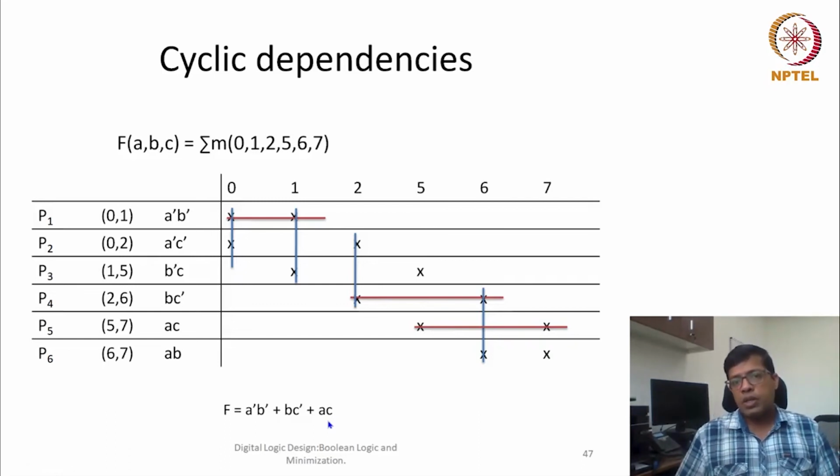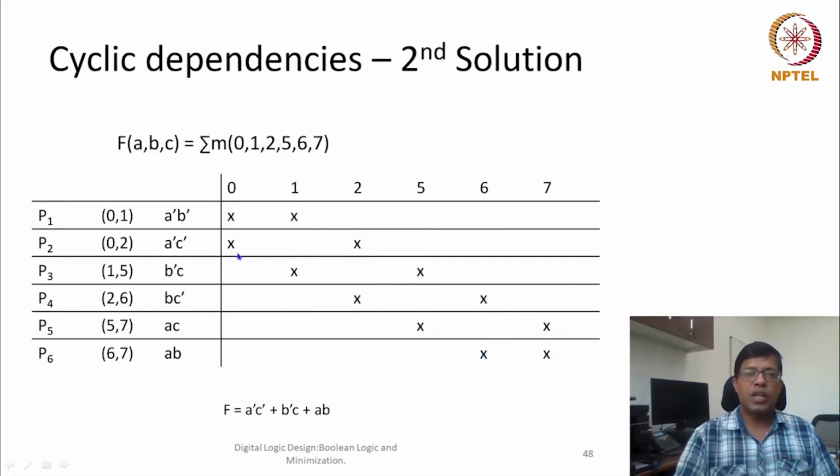Again, for the same problem, let's look at the other solution. Let's say for the 0th min term, instead of selecting P1, I select P2. What would happen? I selected P2 for covering my min term 0. If I select P2, that means I have to remove min terms 0 and 2 from the table. The remaining min terms are 1, 5, 6 and 7.